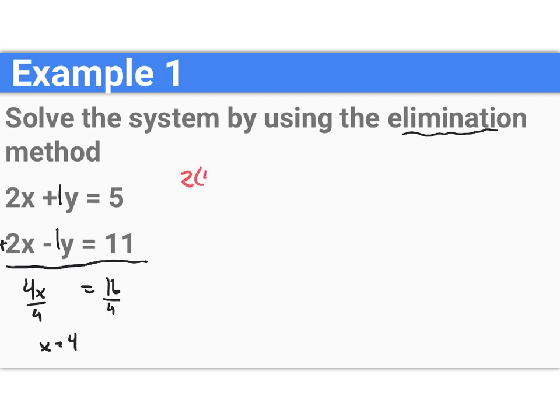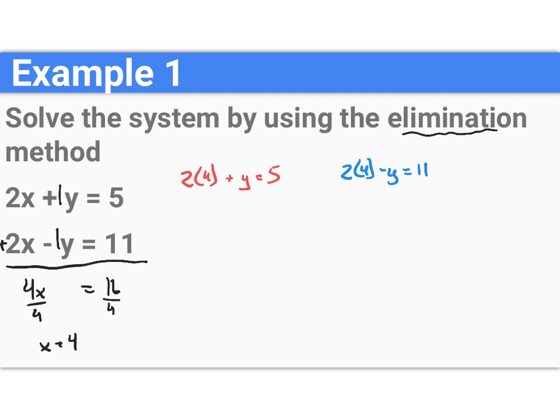So you go 2 times 4 plus y equals 5. And then you go 2 times 4 minus y equals 11. And you solve and you make sure you get the same y coordinate. If the y coordinate is different, either your math is wrong or you have what is called no solution.